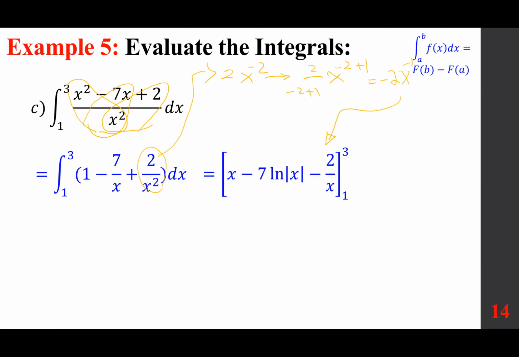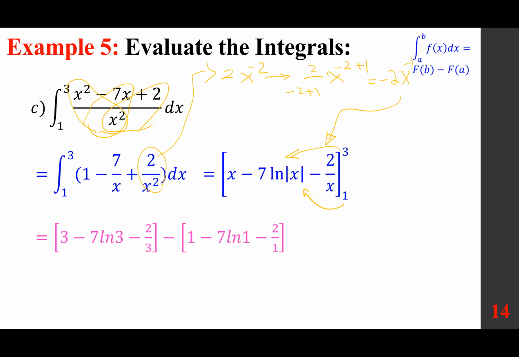Now, let's plug in the upper limit minus the lower limit. So we're going to first plug in number 3. We get 3 minus 7 ln 3 minus 2 thirds. Then we plug in 1, we get minus the brackets, 1 minus 7 ln 1 minus 2 over 1. So we plug in the two numbers.